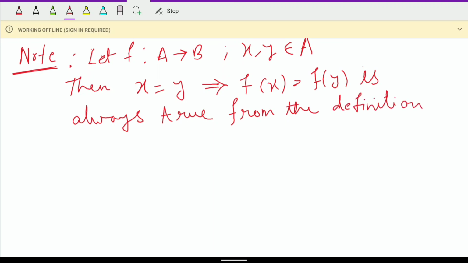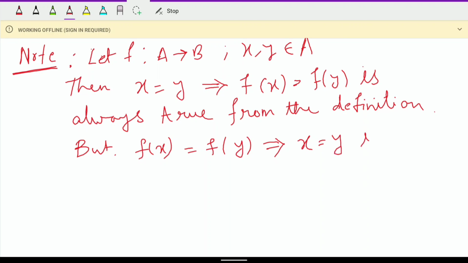But f of x equals to f of y implies x equals to y is true only when f is 1-1, right?